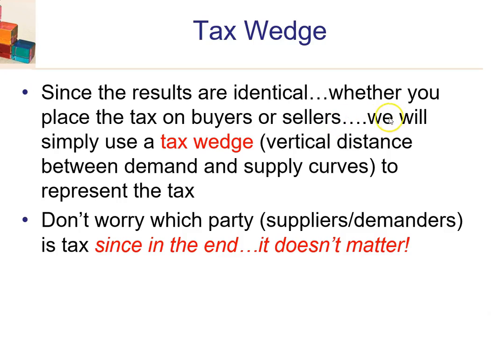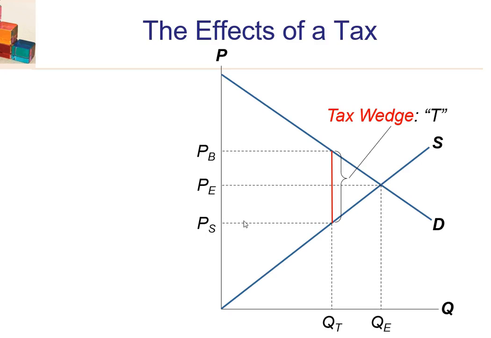You will see that you get the same results, so therefore we'll use something called a tax wedge, which is the vertical distance between the demand and supply curves, which represents the per unit amount of the tax. You don't need to worry about which party, buyer or seller, is taxed, since in the end, you get the same result. So let's revisit this curve and now call this amount of tax T our tax wedge.